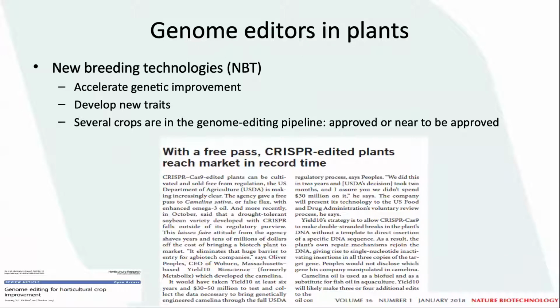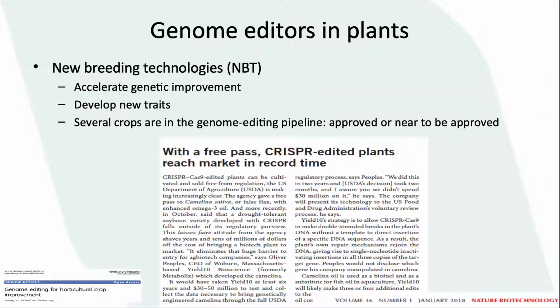In crops, we can find a lot of studies using genome editors. In crops they call these genome editors part of what they say are new breeding technologies. They have used those NBTs, including genome editors, to accelerate genetic improvement and also to develop new traits in plants.